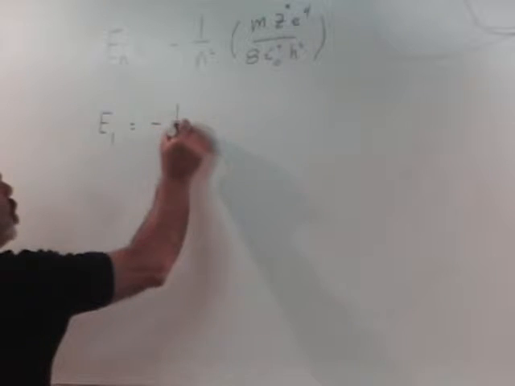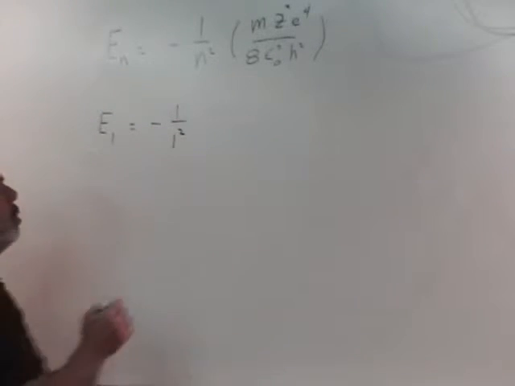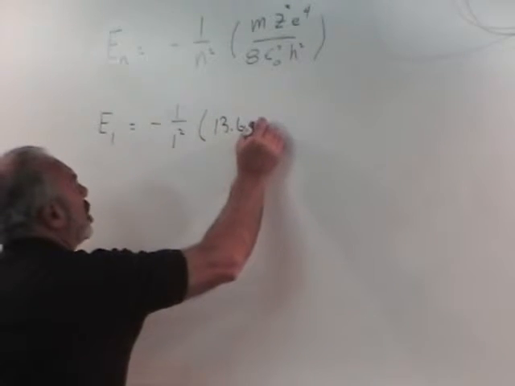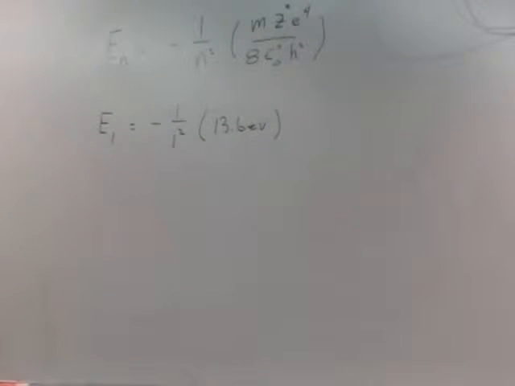E sub 1, which by the way, you have to convert because it gives it to you in joules, but when you convert it is, let me put it down as minus 1 over 1 squared, just to make a point, and then this is 13.6 electron volts. So yes, you can calculate it if you want. It's the long, hard way, but you can calculate it if you want.